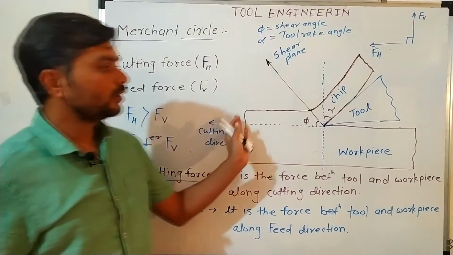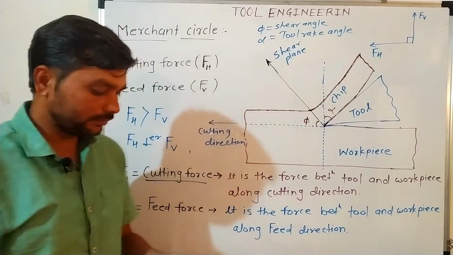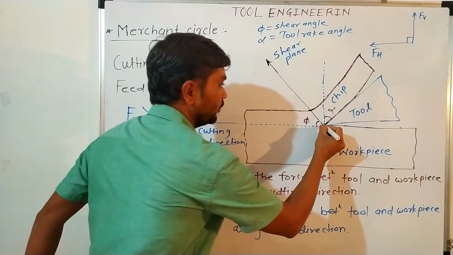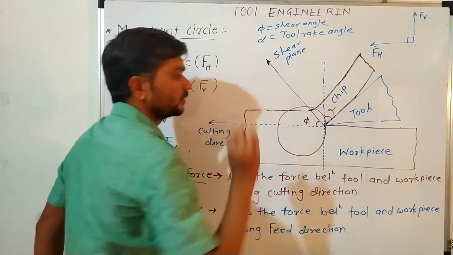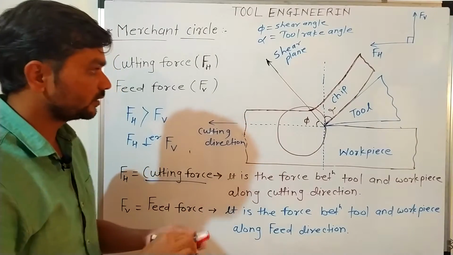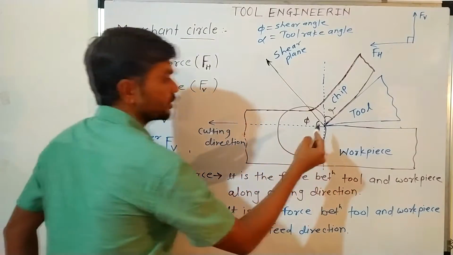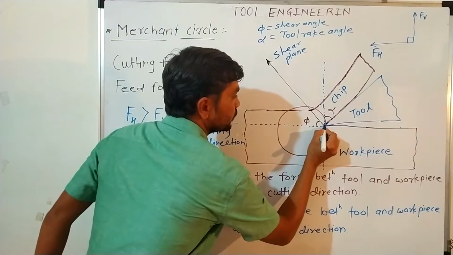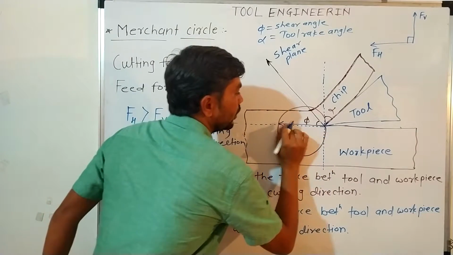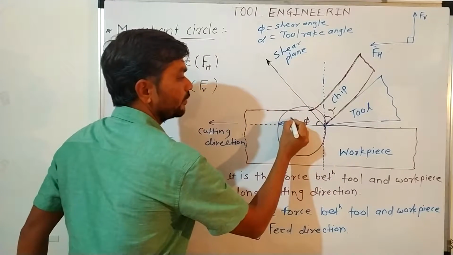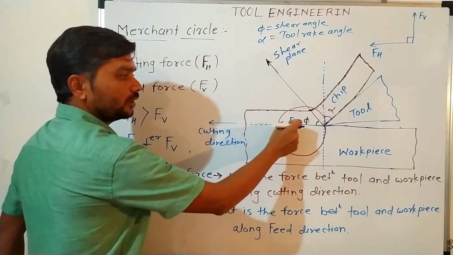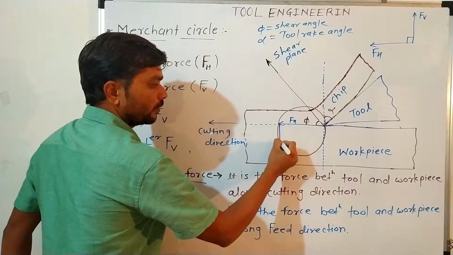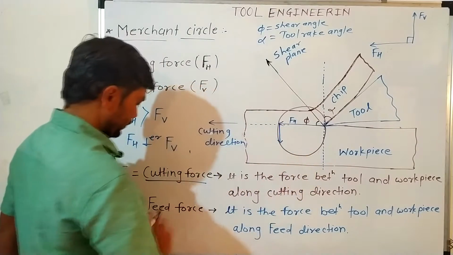Okay, so let us draw one diagram here. First we draw one circle, so this is our circle. Along the cutting direction we have FH, and exactly perpendicular to FH we have the feed force.